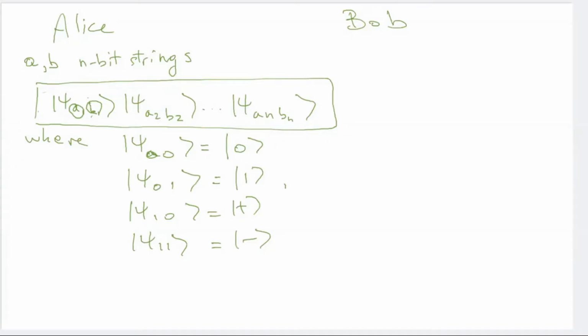So 0 subscript H corresponds to the plus state, and 1 subscript H corresponds to the minus state.